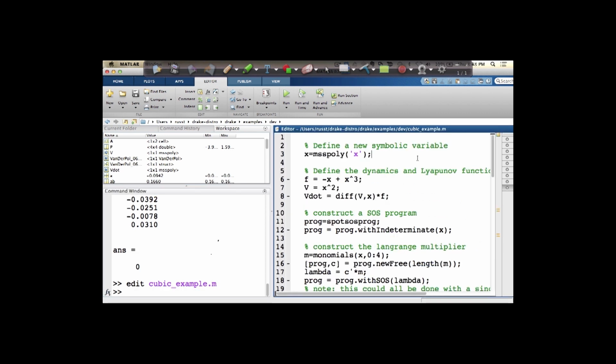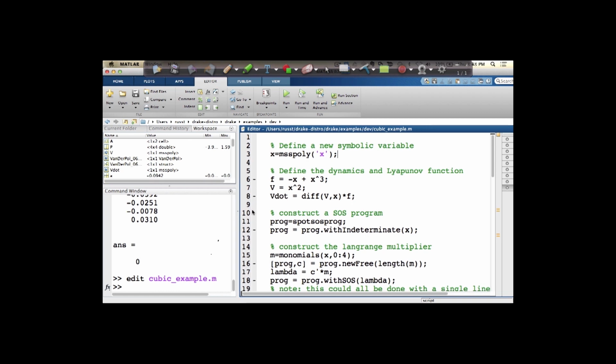Okay, so let me step you through this a little bit here. I'm going to say there's some symbolic variable x, some variable that I want to be my indeterminate. I construct my program, I say that x is an indeterminate. Whatever I prove, I want to prove for all x.